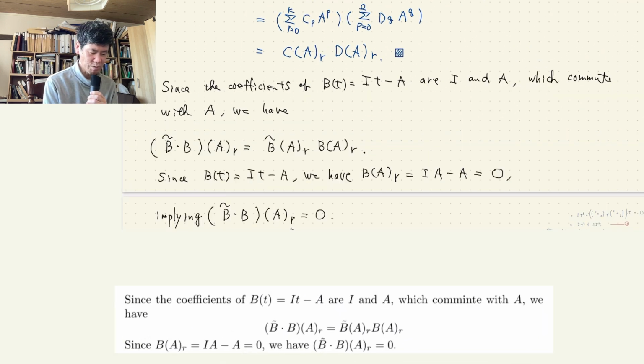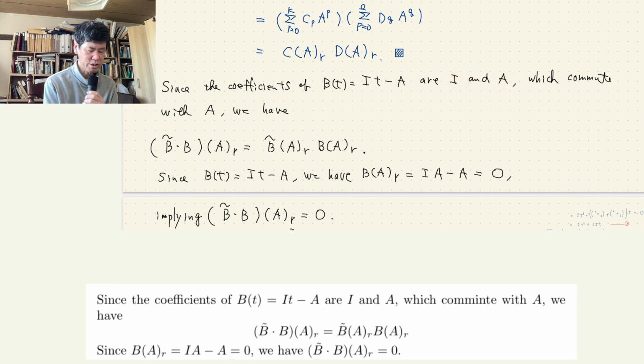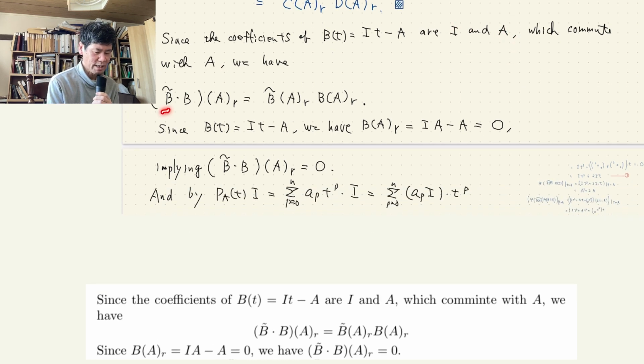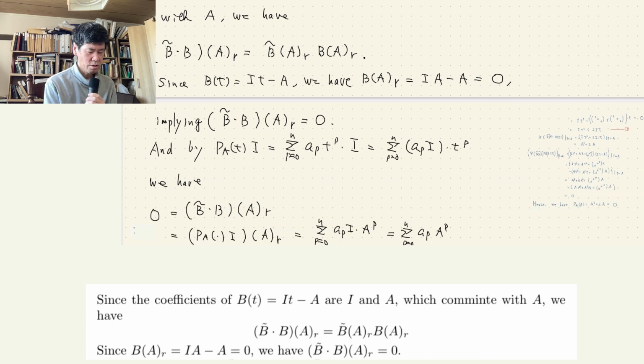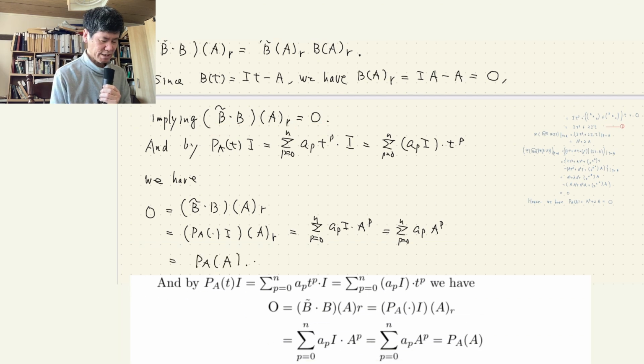Since the coefficients of B of t, I and A, commute with A, we have B tilde times B of A right is equal to B tilde of A right times B of A right. And B of A right is equal to I times A minus A, which is equal to the 0 matrix. So we have B tilde times B of A right is equal to 0. And since B tilde times B is equal to P_A of t times I, and this is equal to the 0 matrix, P_A times I of A right is equal to the summation of a_p times I times A to the p.